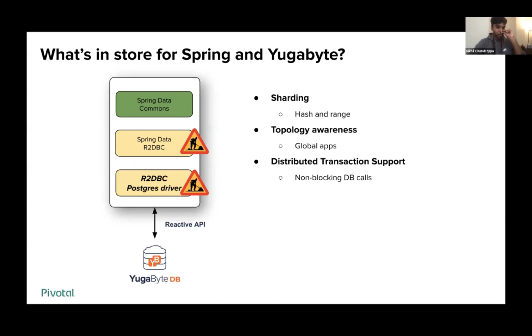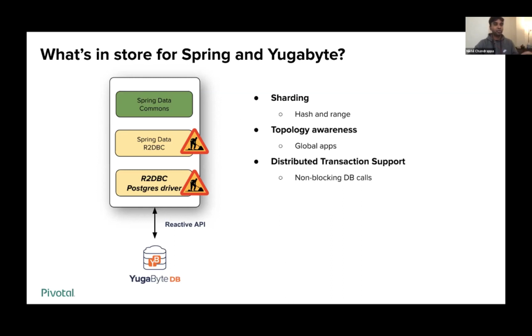Another thing I wanted to talk about is the R2DBC Postgres driver. It is the next active investment that we are making. In the next quarter, we are going to start working towards an R2DBC Postgres driver which is distributed SQL aware.